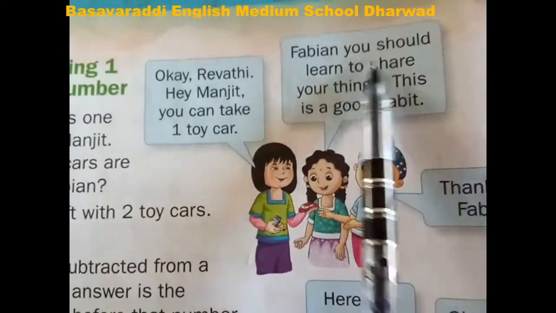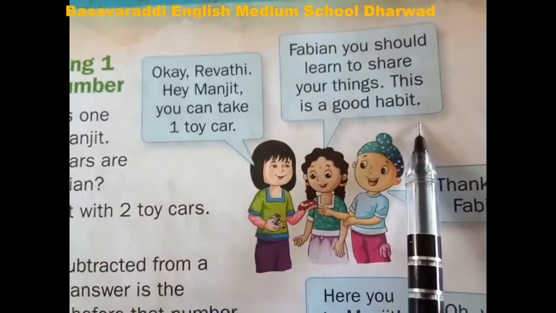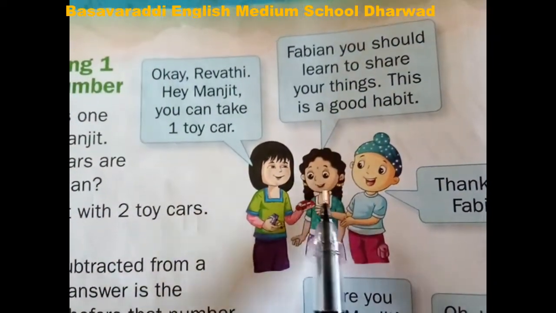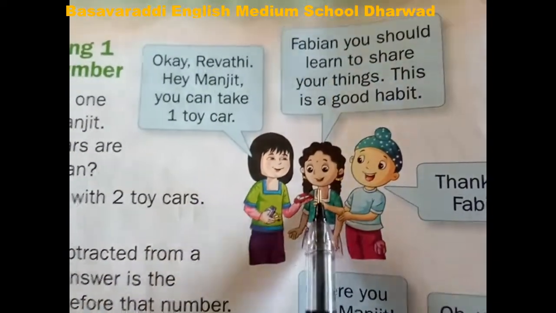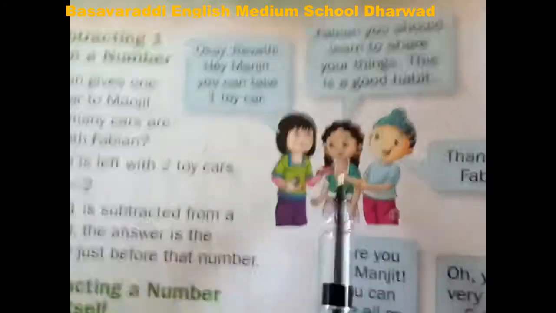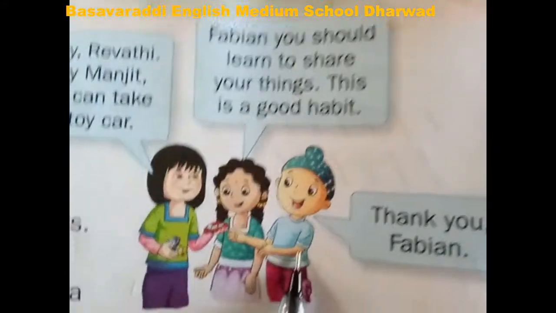Fabina should learn to share your things. This is a good habit. She is a good girl. Now she is learning the good habit to share things. Then Manjit says, thank you Fabina.